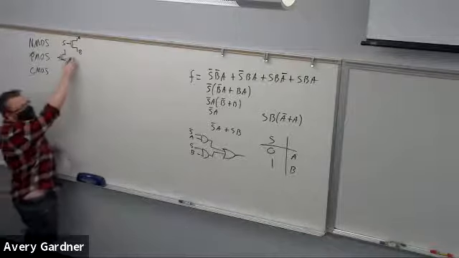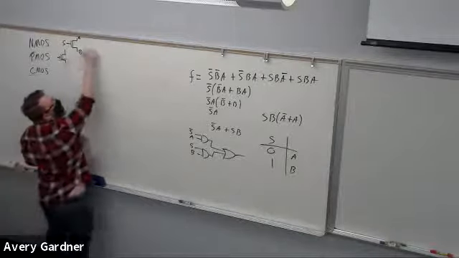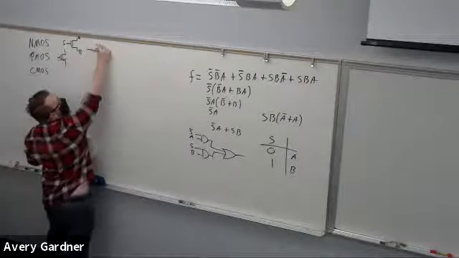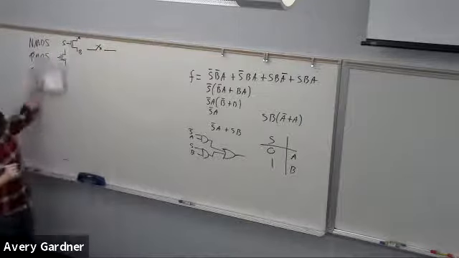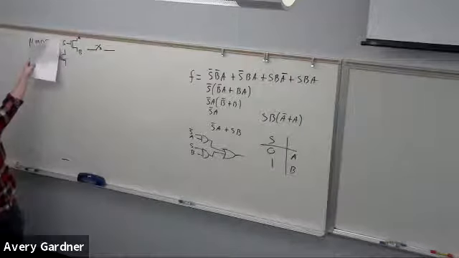What this does is make a switch that closes when S is high. So if S is 1 or high, the switch closes and it carries through. A and B are connected. If S is low, the switch is open and A and B are not connected.